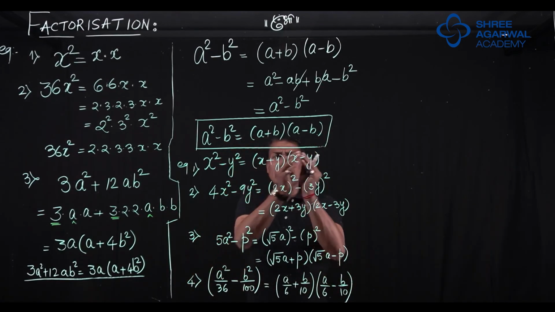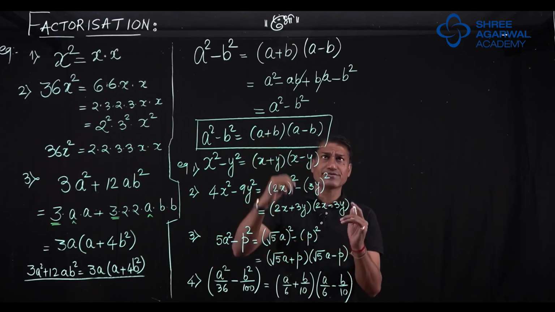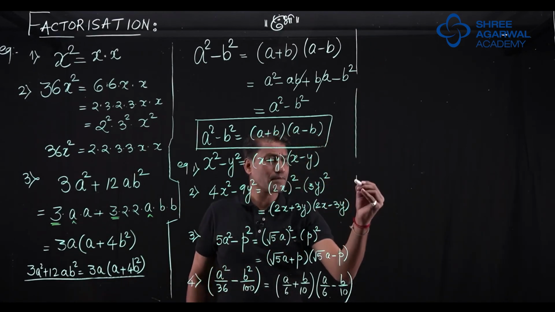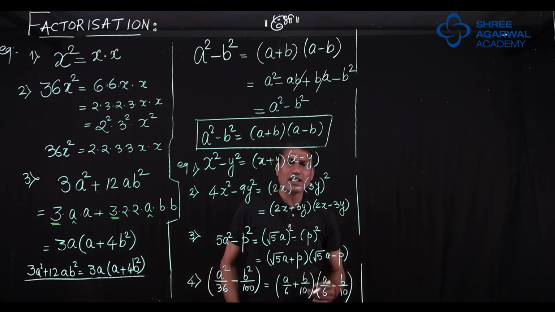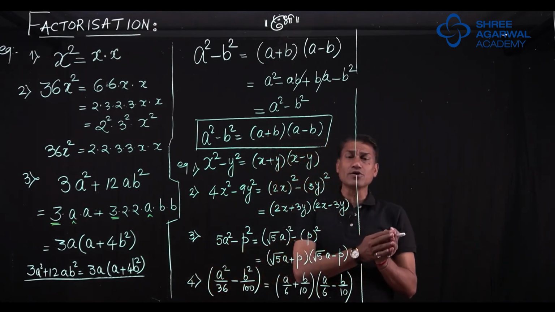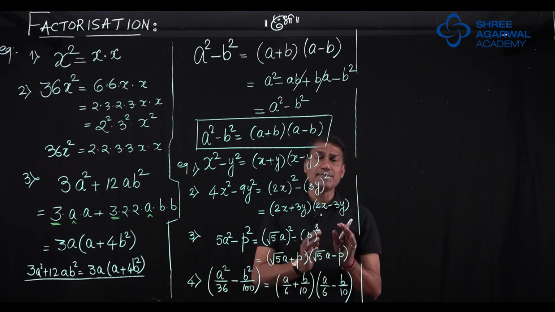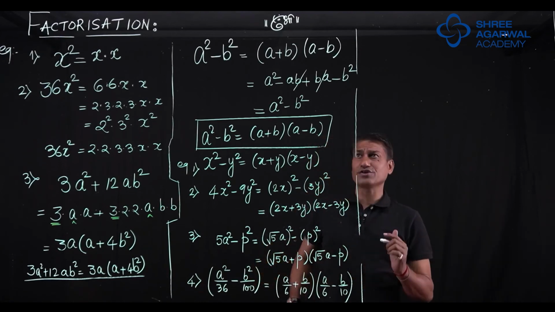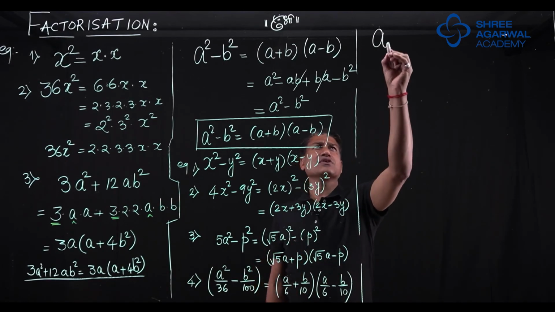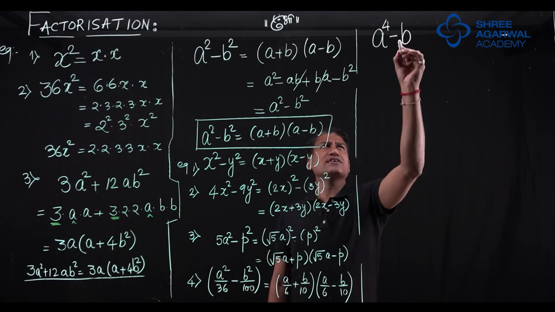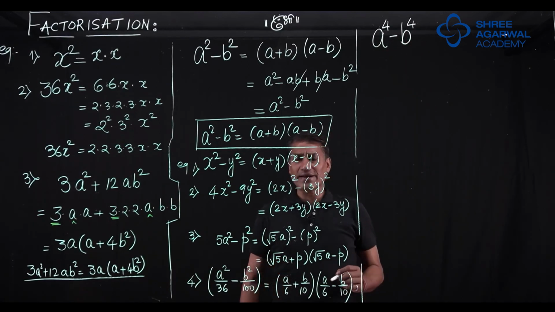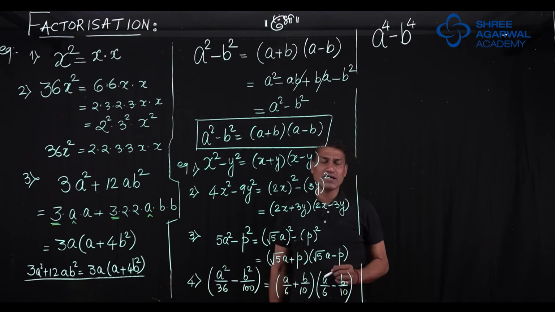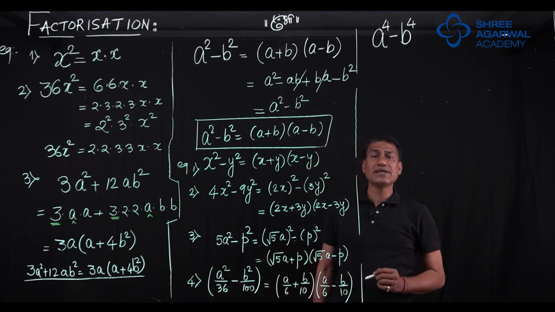Let us go to slightly a level ahead of this. Means now, instead of taking a quadratic factorization, I am taking a biquadratic factorization. What? Suppose they want us to find the factors of a raised to 4 minus b raised to 4.